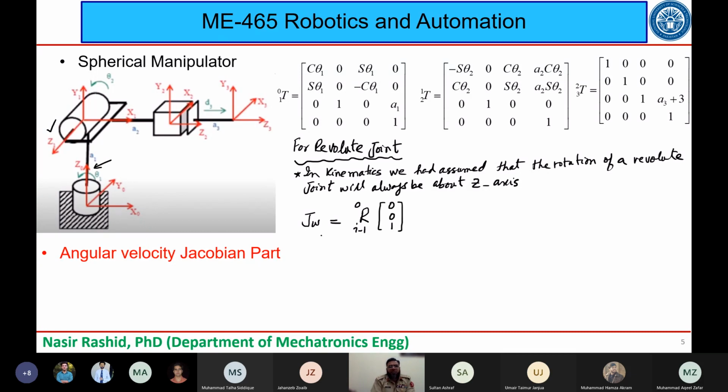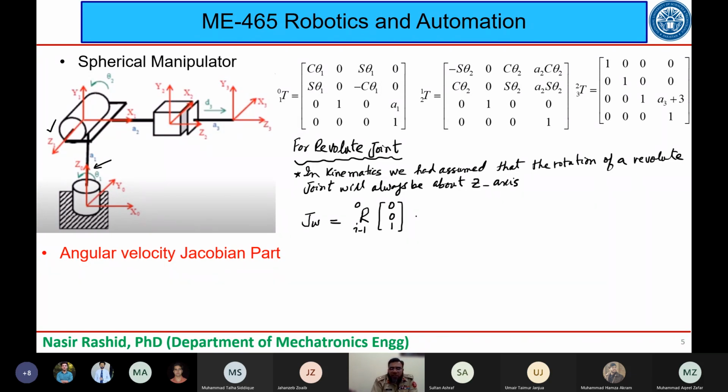So this is going to give me the Jacobian part of the angular velocity of the matrix. So this is actually the rotation matrix which is 3 by 3. You remember this, that this is a 3 by 3 rotation matrix multiplied by 0, 0, 1. And why are we multiplying it with 0, 0, 1? Because we have assumed that the rotation of a revolute joint will always be about z axis.